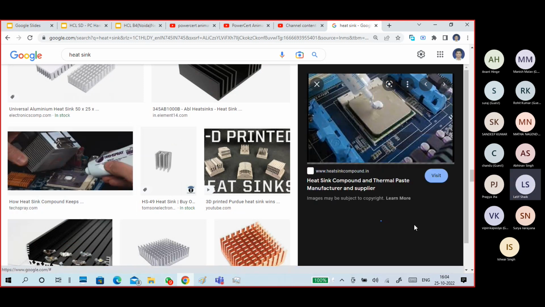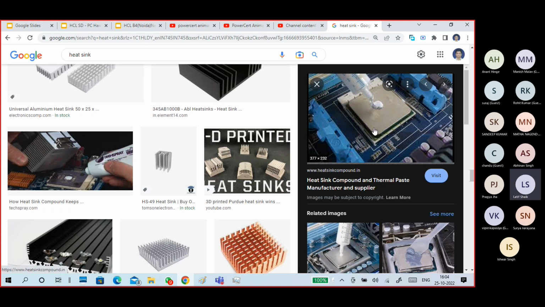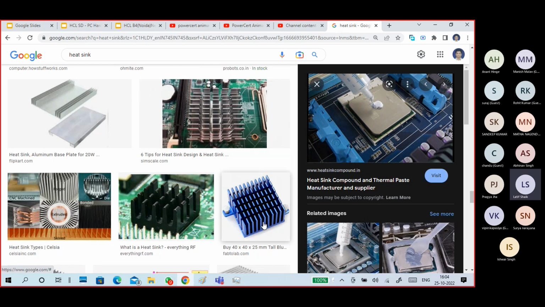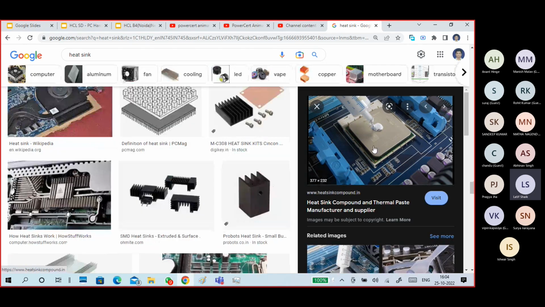And there is heat sink paste between your processor and heat sink. This paste absorbs the heat from your processor and gives it to your heat sink. It makes more contact and provides better cooling than without heat sink paste.